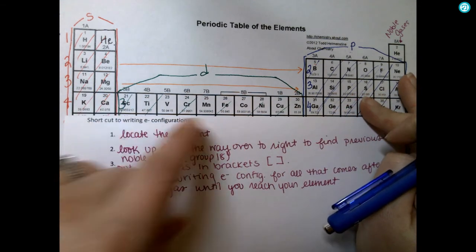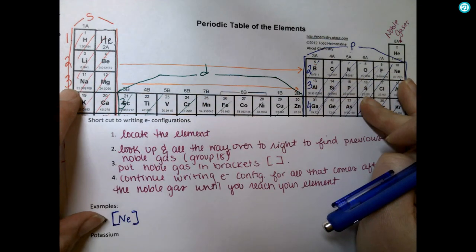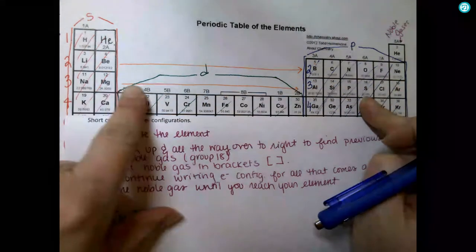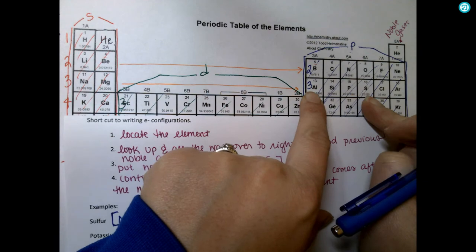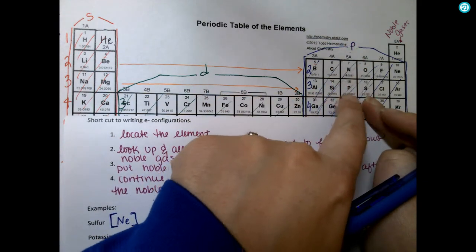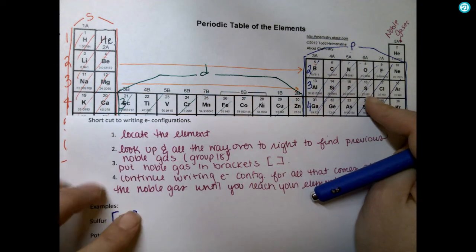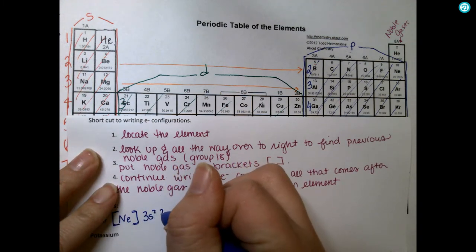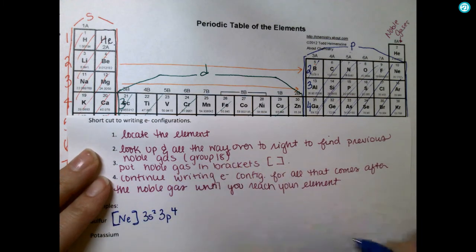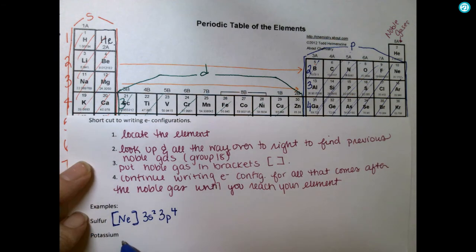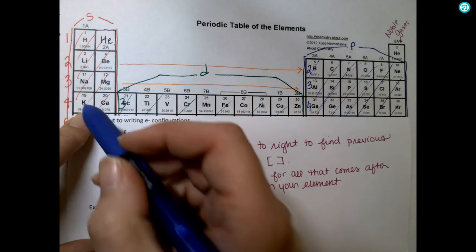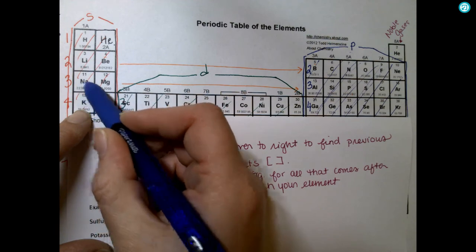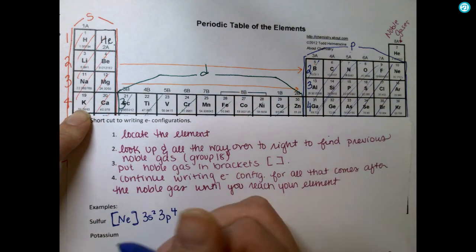So after neon, I come to here, 3s2, straight across to 3p, 1, 2, 3, 4. So I have 3s2, 3p4.